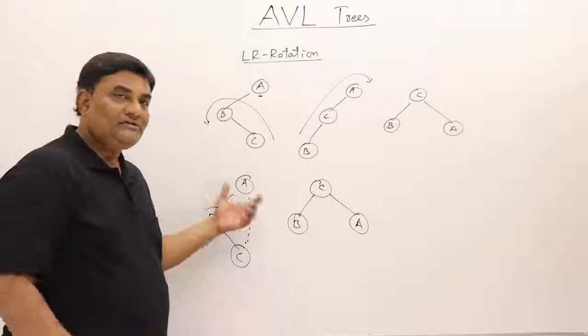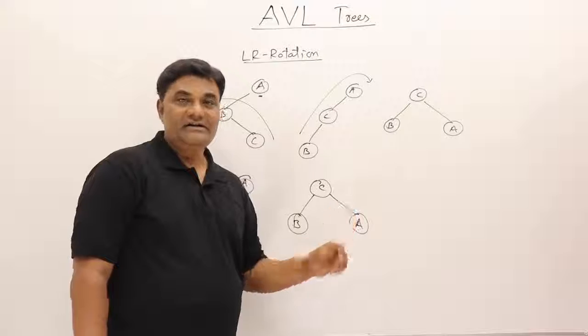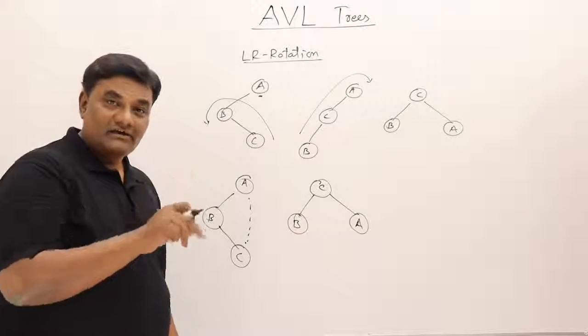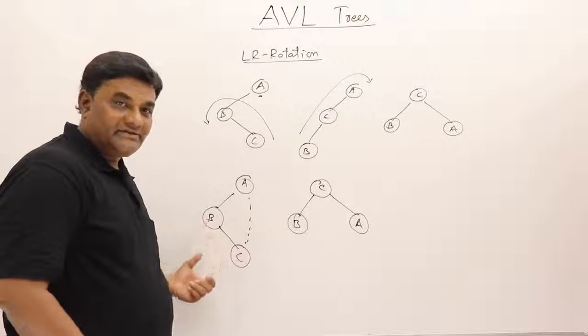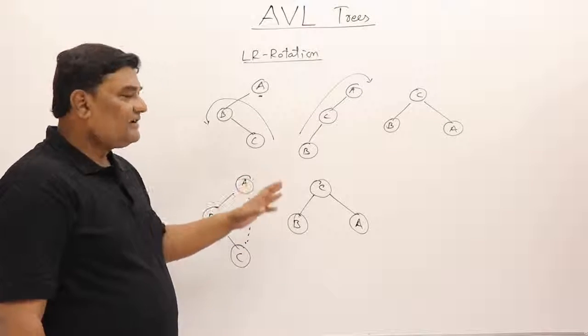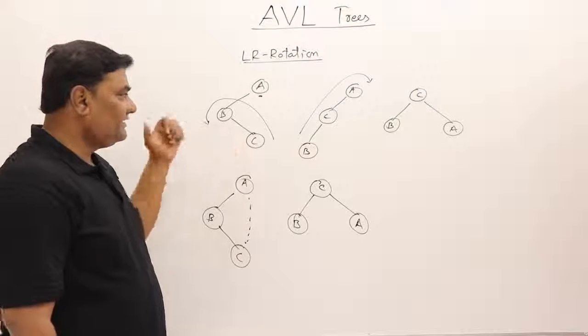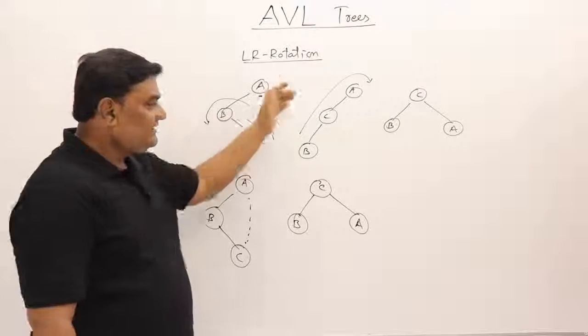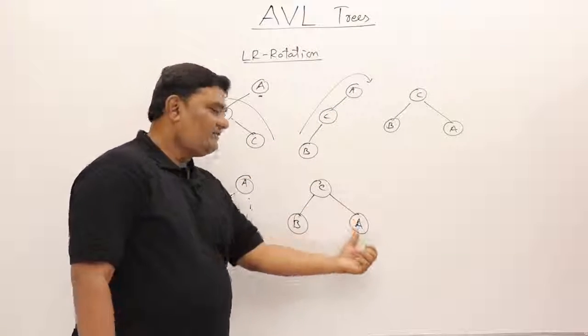Out of these 3 nodes, the last node you bring into root, and the root you send on the right side because it is LR rotation. In RL rotation, you can bring root on the left side. So LR and RL will be the same. So I have shown you how we can directly perform LR rotation without looking at these 2 steps. Directly we can bring this node up here and send A on that side.